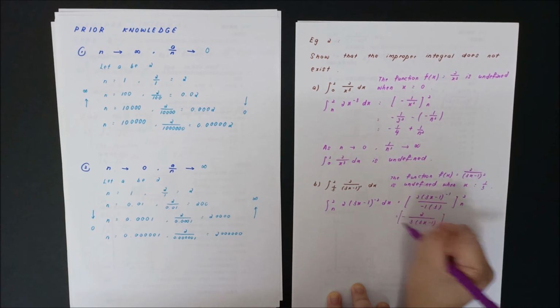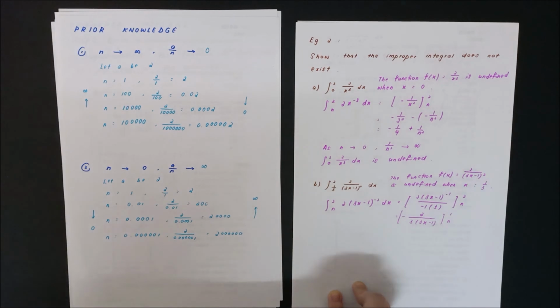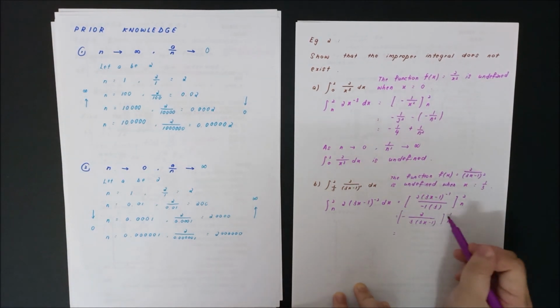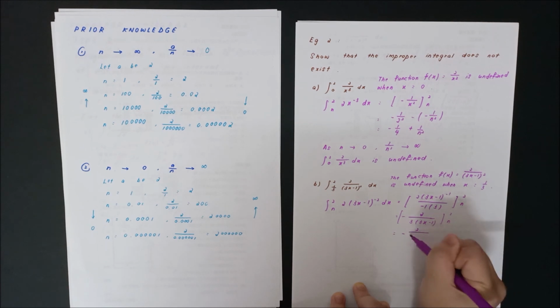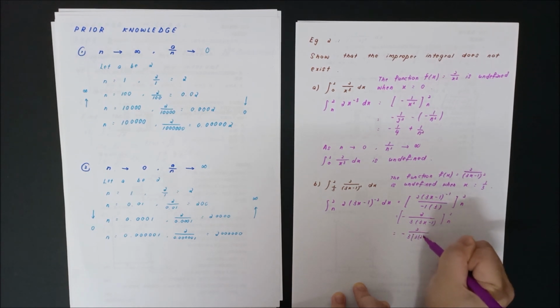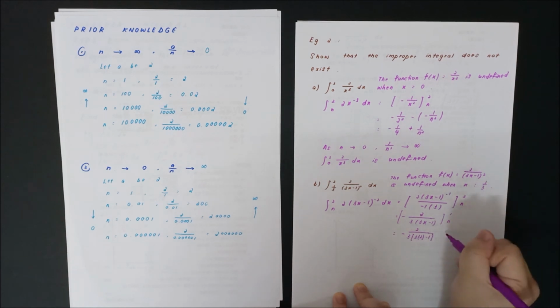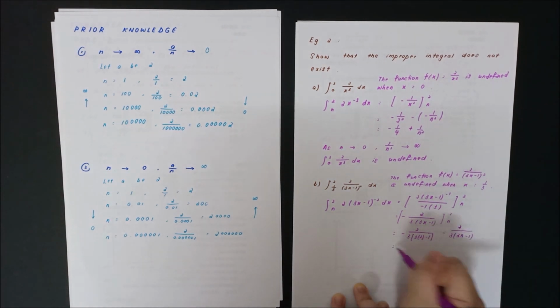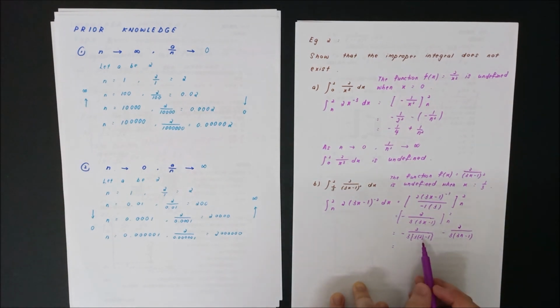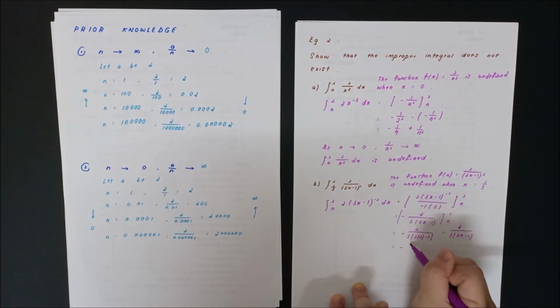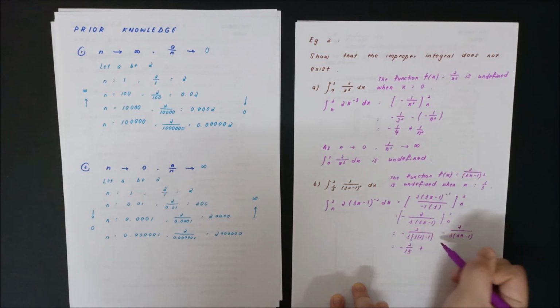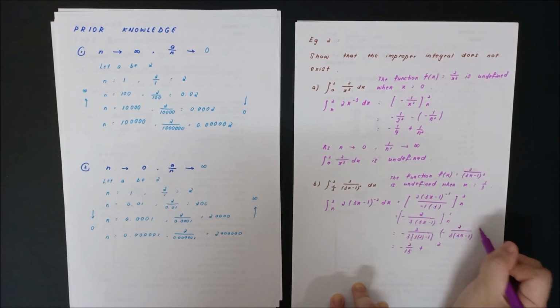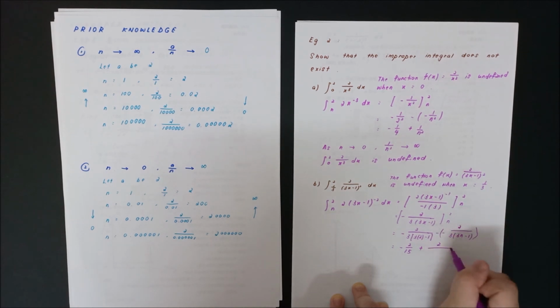It's fine if you don't want to expand it, you can just leave your answer like that, but we expand it here. You can substitute your 2 inside, so negative 2 over 3 times (3 times 2 minus 1). 3 times 2 is 6, minus 1 is 5, so negative 2 over 15, plus 2 over 3 times (3n minus 1).